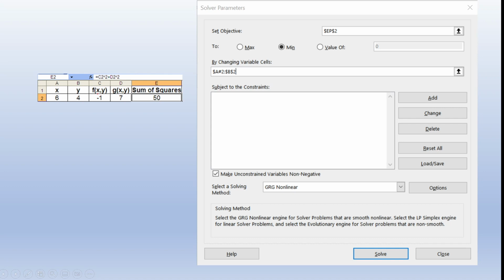My sum of squares is at E2. So I set the objective E2 to a minimum value of 0 by varying the cells A2 and B2, and then you click solve. When you click solve, these cells will be varied, and when it stops, these will be the root of x and y.